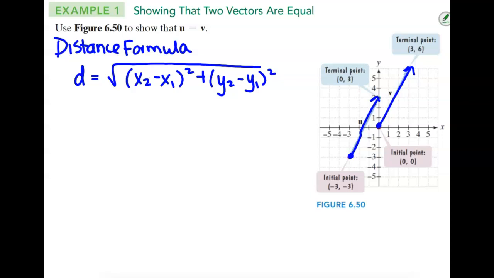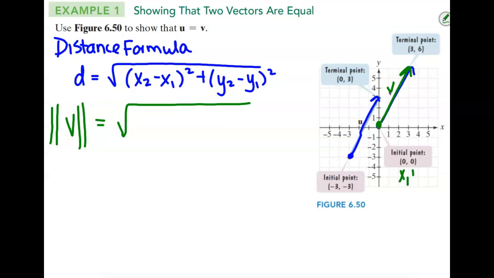So I'm going to start off with our first vector. I'm going to call this vector v, colored in green, and we want to find the length of it. So vector v, to find the magnitude, we're going to use that double bar, equals the square root, and now we substitute in. This would be our x sub 1 and y sub 1. This would be our x sub 2 and y sub 2, our 2 points, initial point and terminal point.